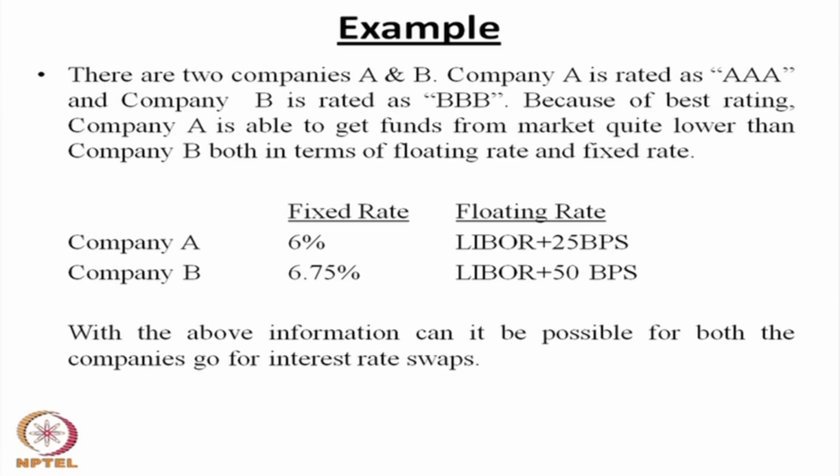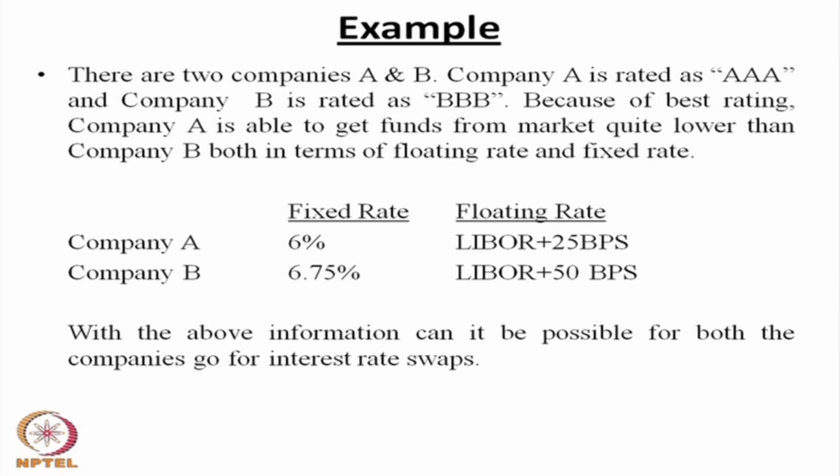Company B is not a good rated company, so he is getting a higher fixed rate, that is 6.75%, and a higher floating rate, LIBOR plus 50 basis points. So, is there any possibility of a swap transaction between the two companies? That is our problem.